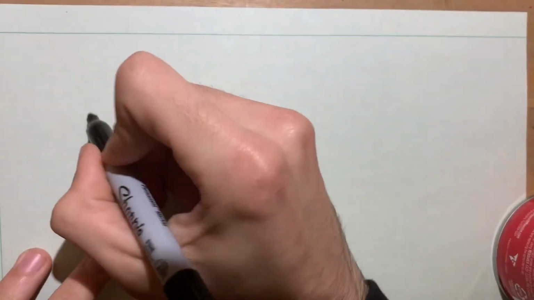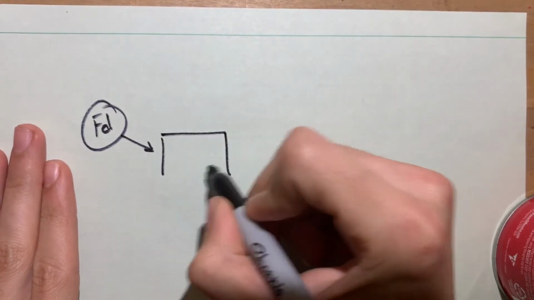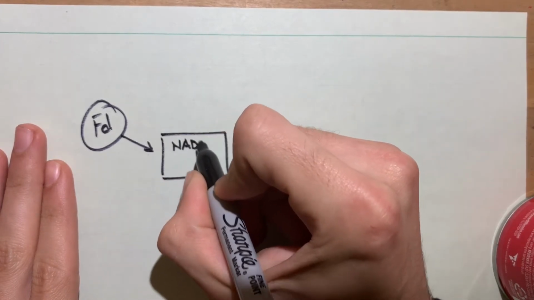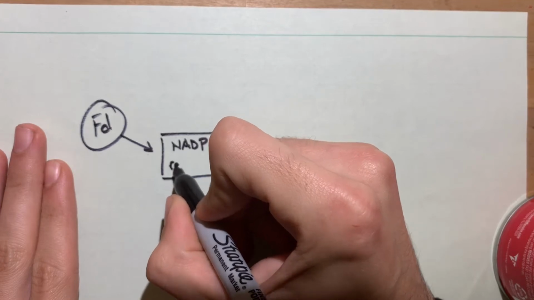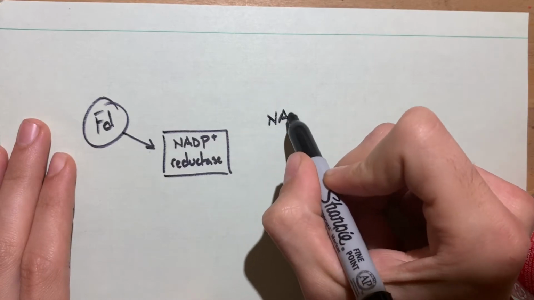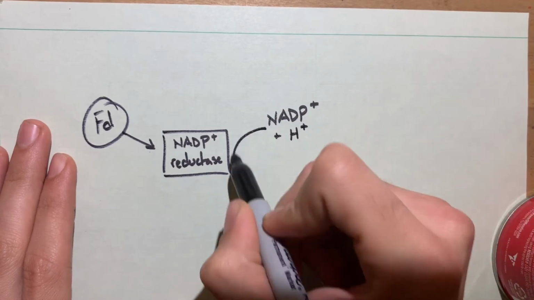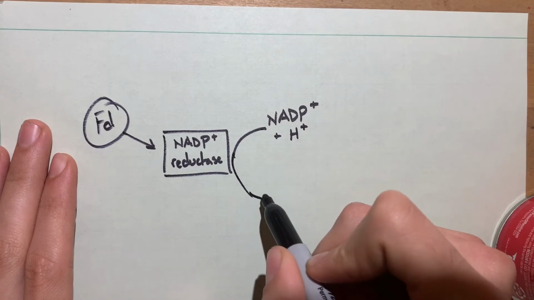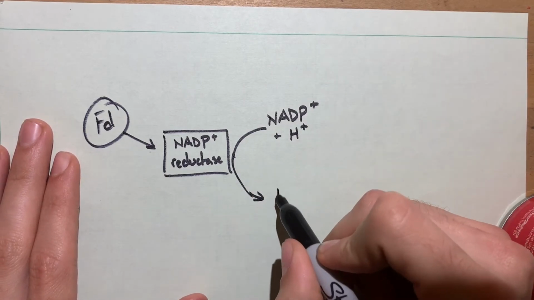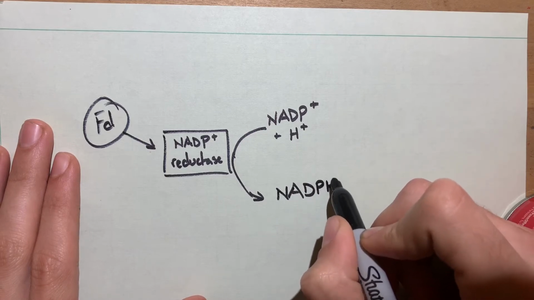And that transfers to the NADP+ reductase, where NADP+ and one of the hydrogen ions that was in the stroma, or the thylakoid interior, that electron gets transferred to allow NADPH to form.